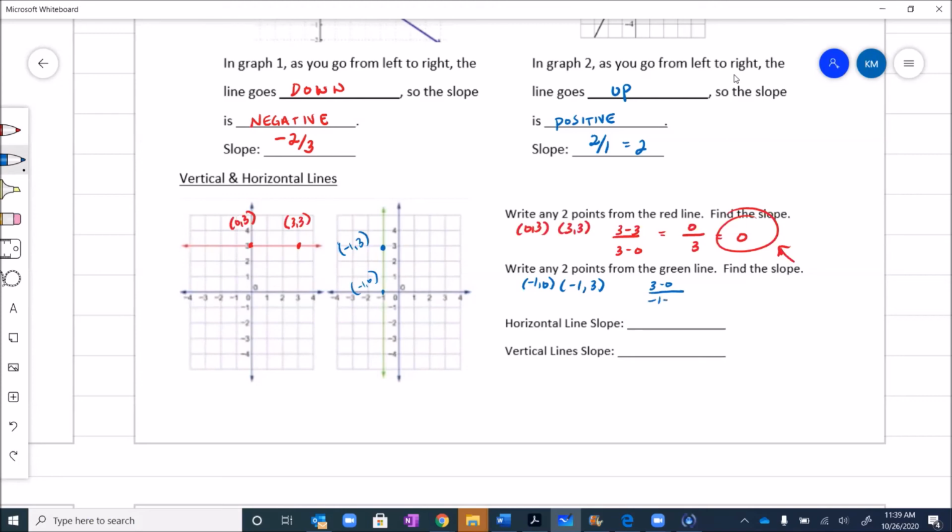Minus a negative is plus 1. So 3 minus 0 is 3, and negative 1 plus 1 is 0. If you type that into your calculator, it'll say undefined, or it might say domain error. But when you divide by 0, we call it undefined.